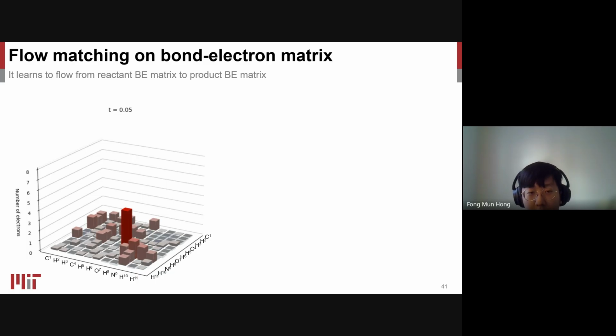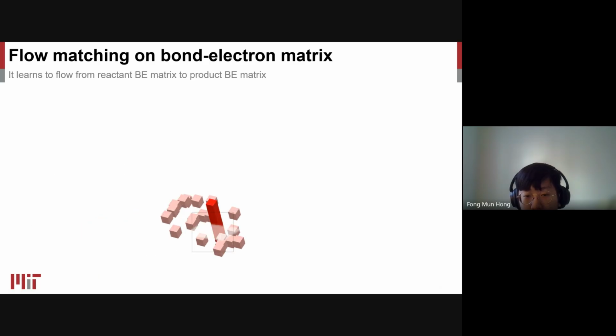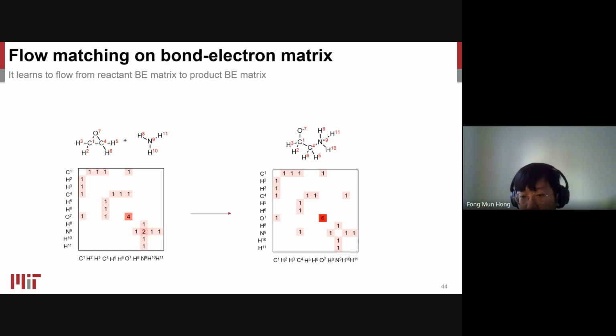Then you would gradually do flow matching on it, which moves you towards the product bond electron matrix, and that final product bond electron matrix would then be this product. So this entire process is the sampling process going from the reactant bond electron matrix to the product bond electron matrix.